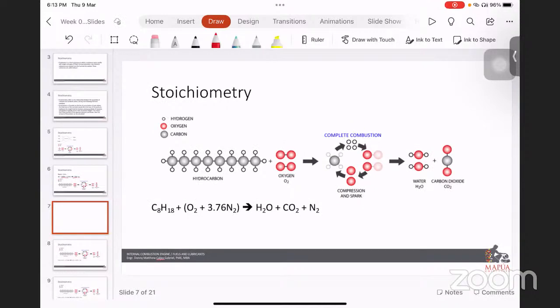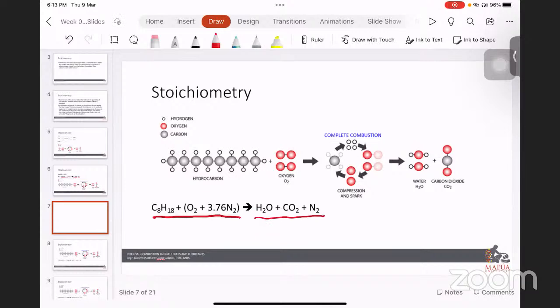So, petrol, C8H18 plus air, O2 plus 3.76 N2, nagkaroon ka ng combustion process. Ang kakalabasan niya is water, H2O, plus carbon dioxide, plus nitrogen. So sabi natin, because we are doing stoichiometry, the amount of molecules available here should be equal to the amount of molecules available here.